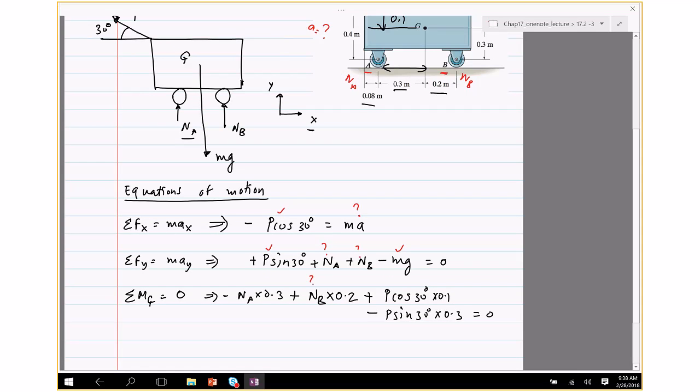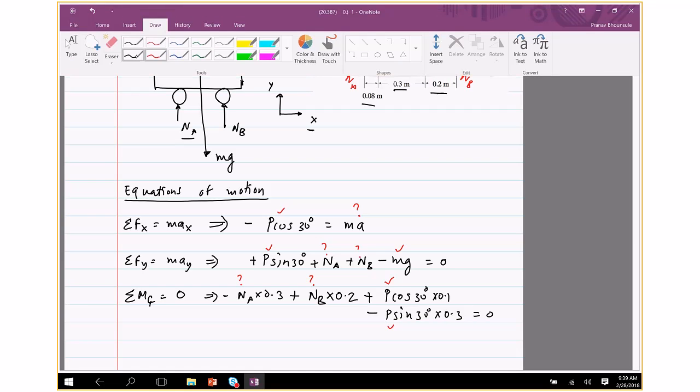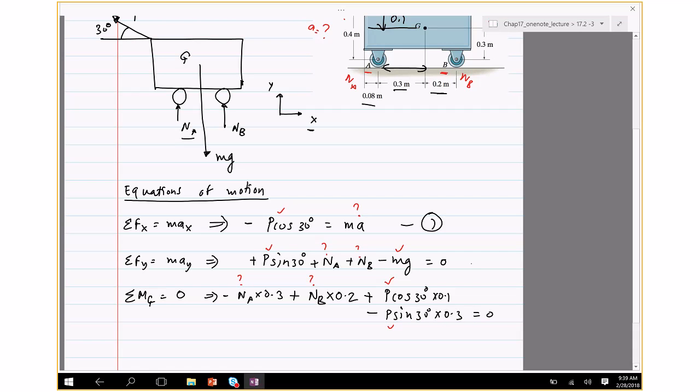So NB is an unknown, NA is an unknown, P is known. So 3 equations and 3 unknowns. We can solve for the 3 unknowns. So let's call this 1, 2, 3.